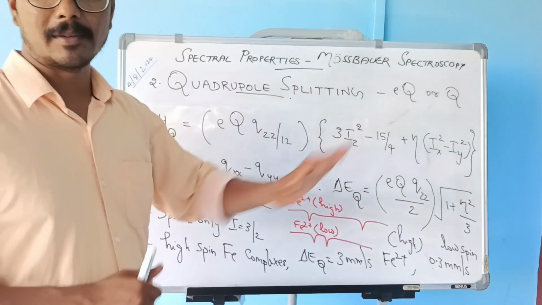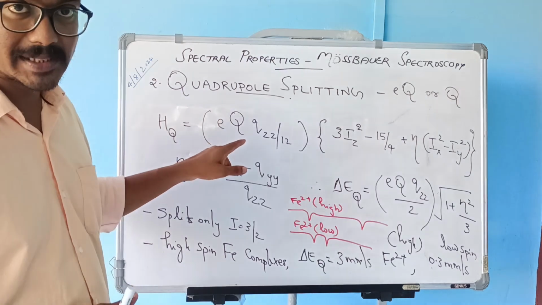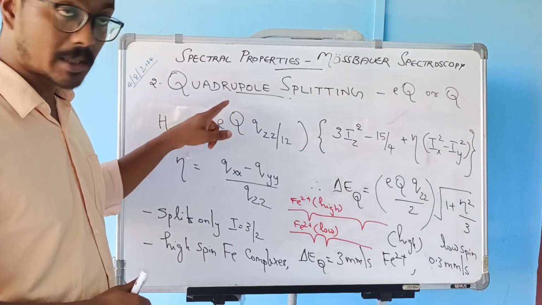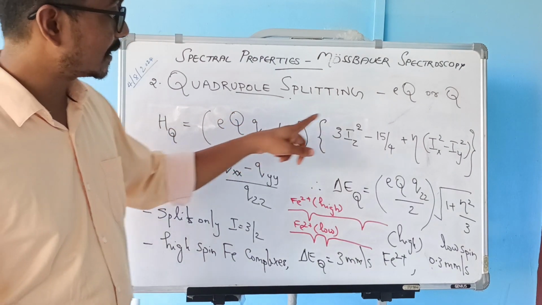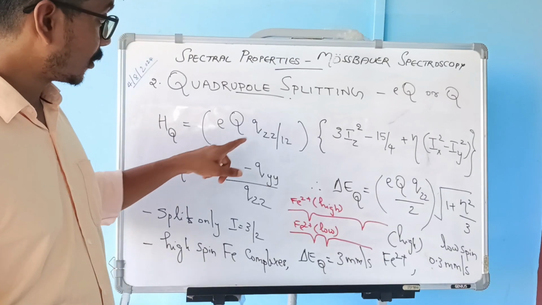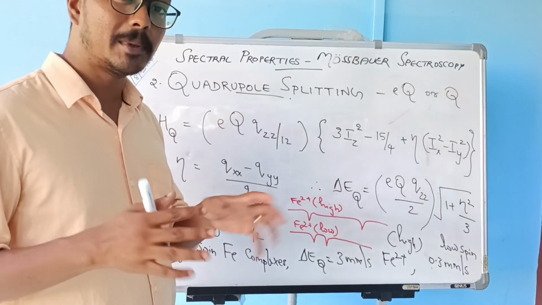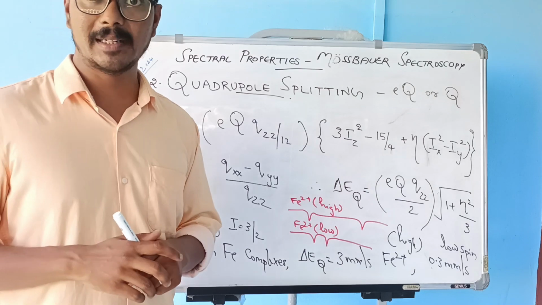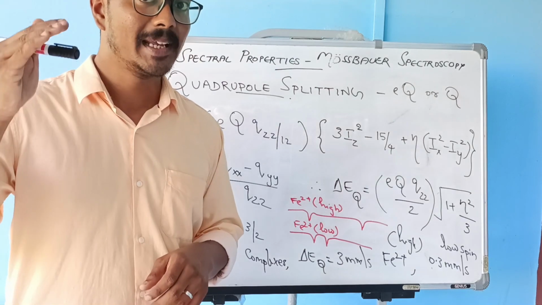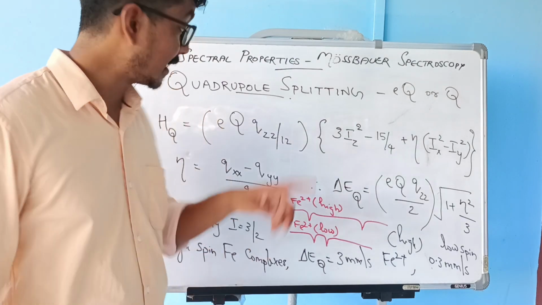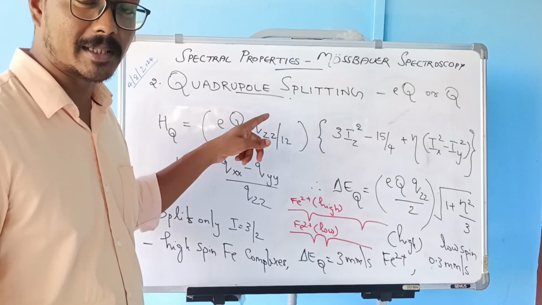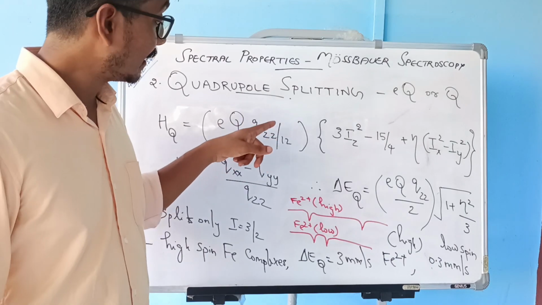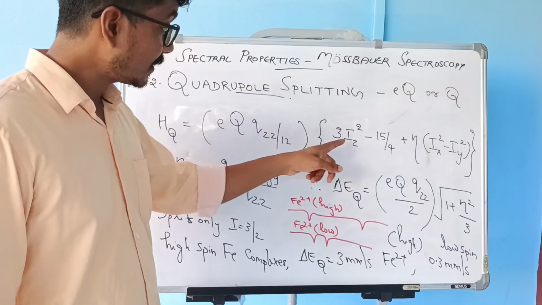What exactly is this? e is the electronic charge. Q is the quadrupole moment. Qz is the principal component of the electric field gradient, EFG. Electric field gradient is the rate of change of electric field in a given direction, and this is the principal component of the electric field gradient in the Z direction.